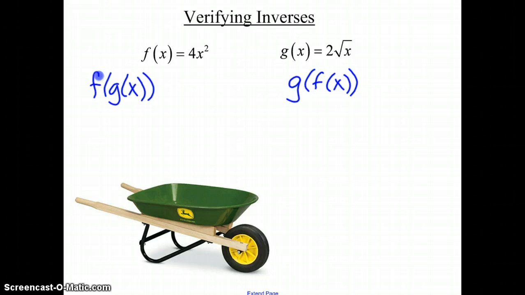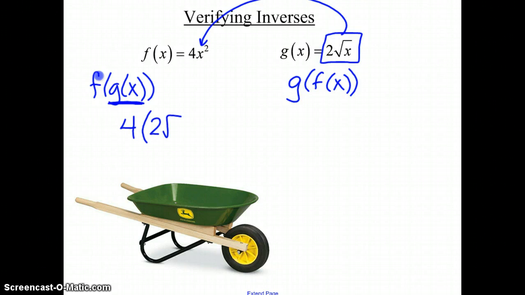F of g of x, we start in the middle. We take g of x, and we plug it in over there. 4 times (2 times the square root of x) all squared. We distribute that. We get 4 times 2 squared is 4.